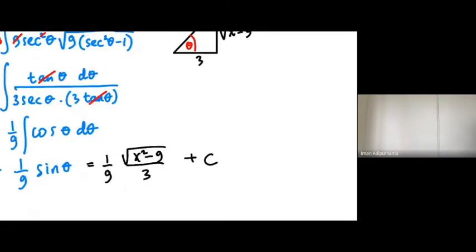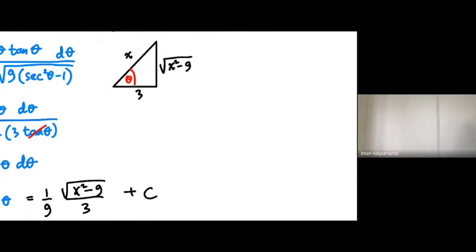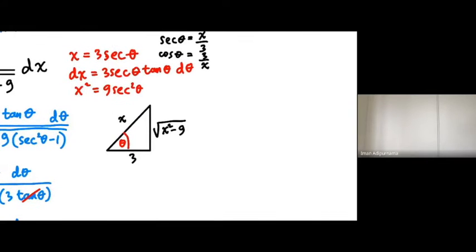So you need to revert back to the x. We already set x equal to 3 secant theta, right?